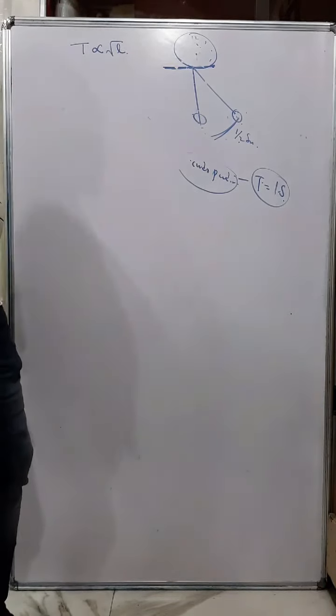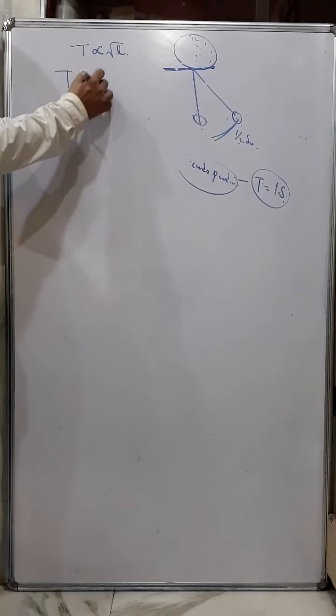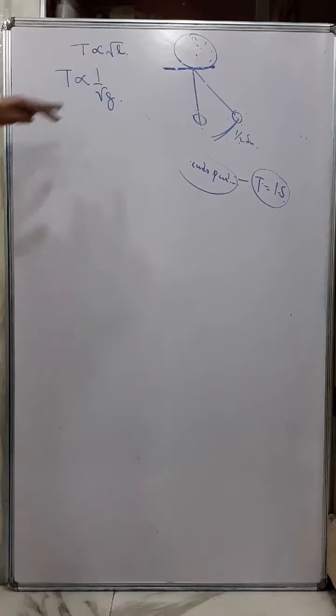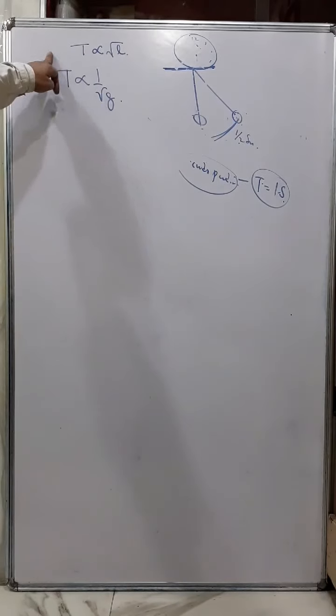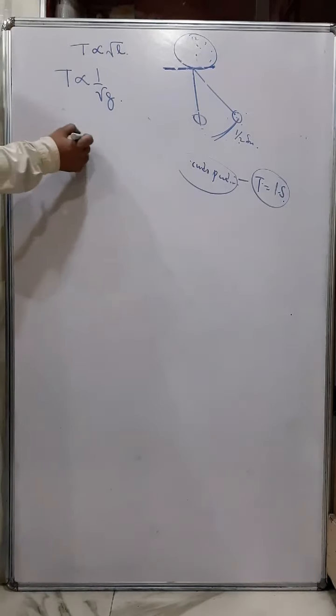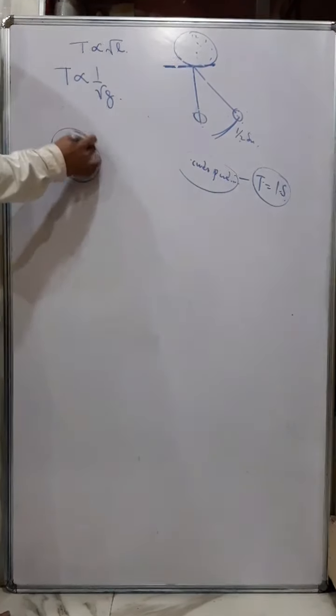Okay. Similarly, T is inversely proportional to root G. That means if the value of G decreases, the time period will increase. And this is the Earth's surface.